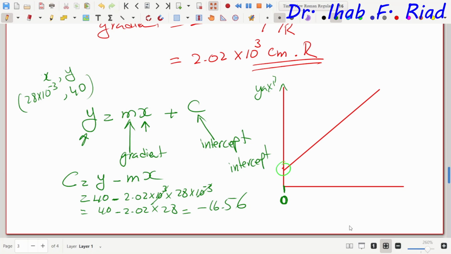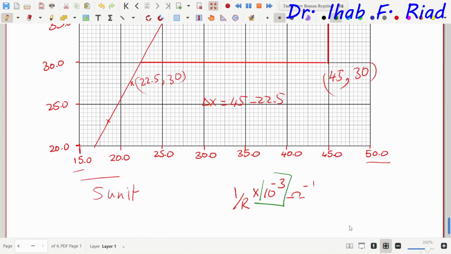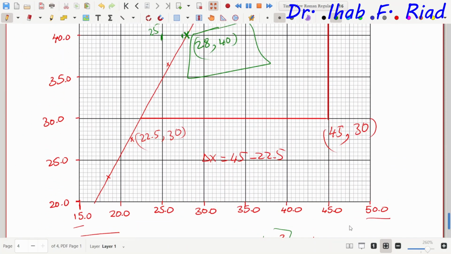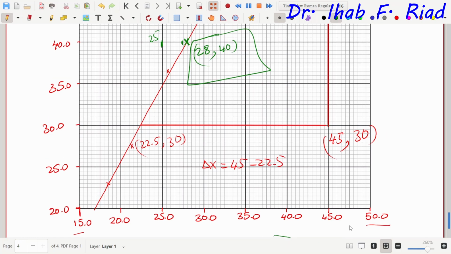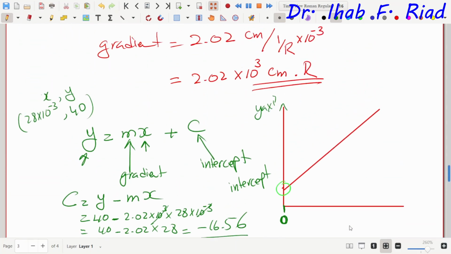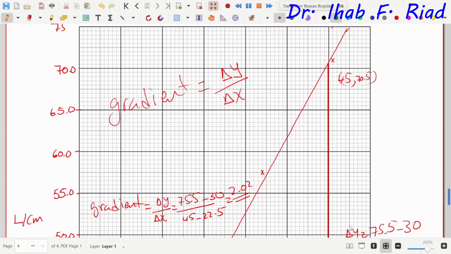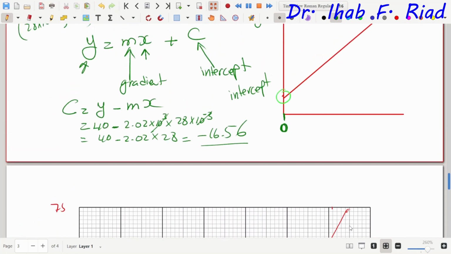Yes, I think we are okay. Good. So the intercept is minus 16.56. What are the units for the intercept? The unit for the intercept is the unit of the y-axis. So it is centimeters.